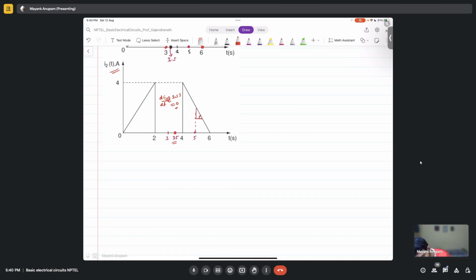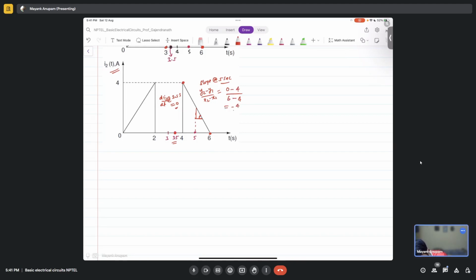Sir, minus 2 amperes per second. Again the same thing, right? Select these 2 points, then again this will be y2 minus y1 divided by x2 minus x1. This is the slope at 5 seconds. y2 will be 0 minus 4, y1 is 4, divided by x2 which is 6 minus 4, which is 2.